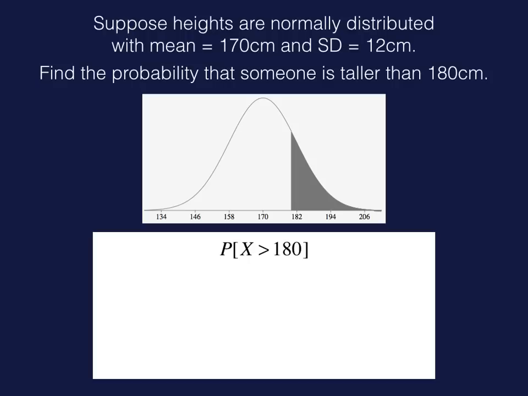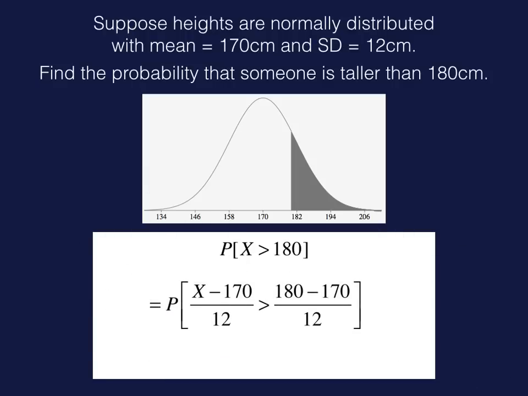Okay, so with my probability statement there, on both sides of the inequality, I'm going to subtract the mean and divide by the standard deviation. On the left, that creates Z, and on the right side, the calculation gives me 0.83. So I want the area in the Z table to the right of 0.83.